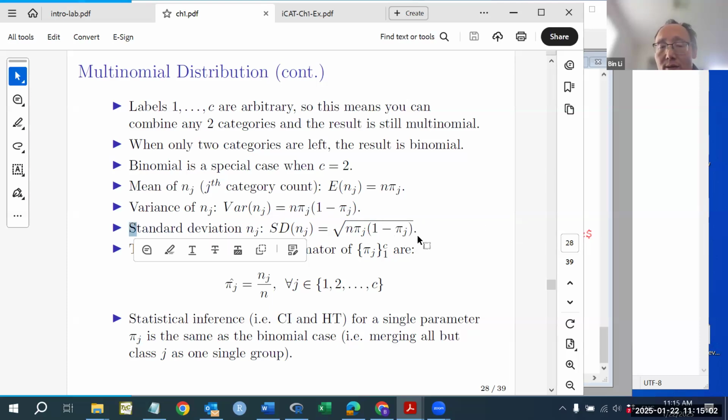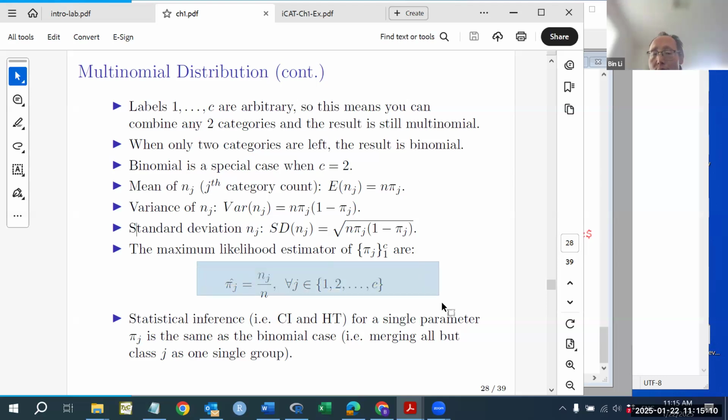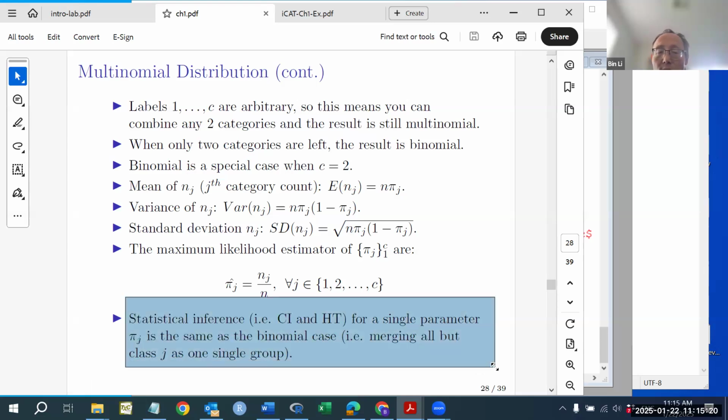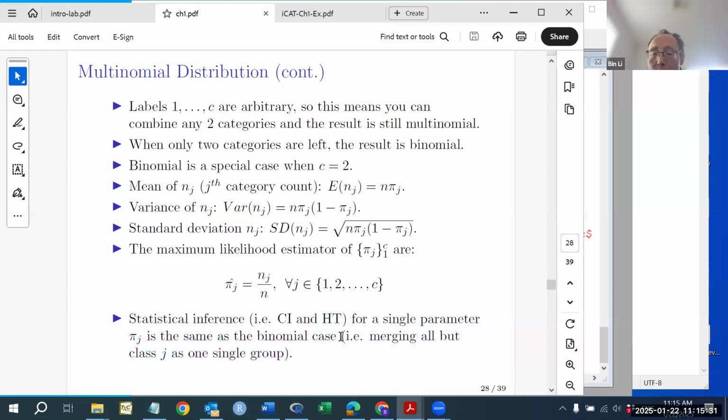Standard deviation is the square root. And the MLE for pi j is the sample proportion. And the statistical inference, like the confidence interval and hypothesis testing, for a single parameter pi j is the same as the binomial. We just merge all but class j as one single group.